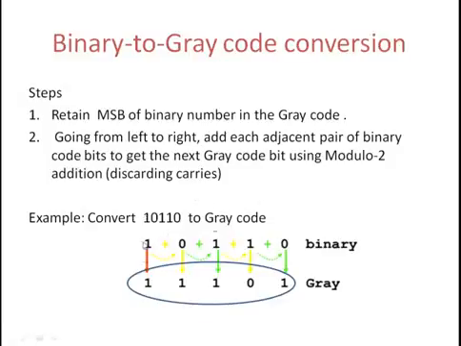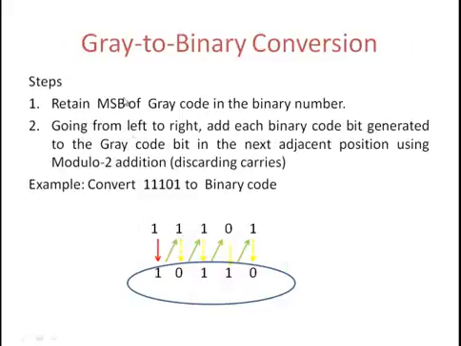Like here, after retaining MSB, we have to add the adjacent pairs of binary code bits to get the gray code. For 10110: 1 plus 0 gives 1, 0 plus 1 gives 1, 1 plus 1 gives 0, carry 1 is discarded, 1 plus 0 gives 1. So this will give the gray code of this binary number.